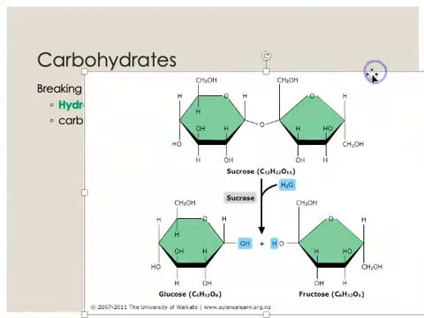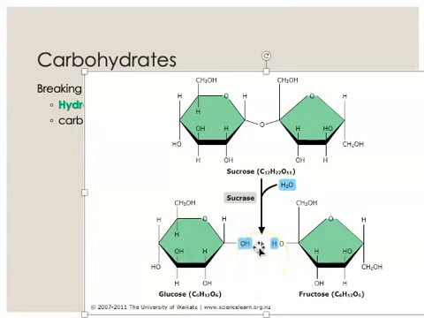Up at the top of the diagram, we can see a disaccharide, two simple monosaccharides that are joined together with a glycosidic linkage. When an enzyme is available, and we need a different enzyme for each type of carbohydrate, that enzyme, in the presence of water, is going to break apart the glycosidic linkage that joins these two carbohydrates.